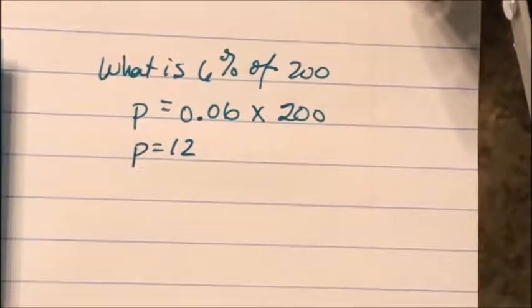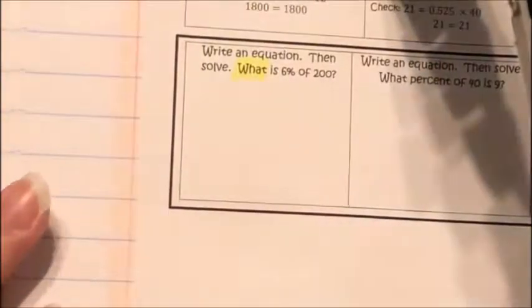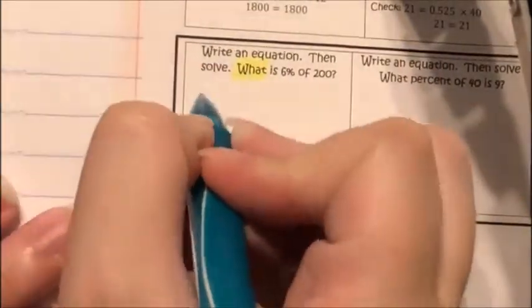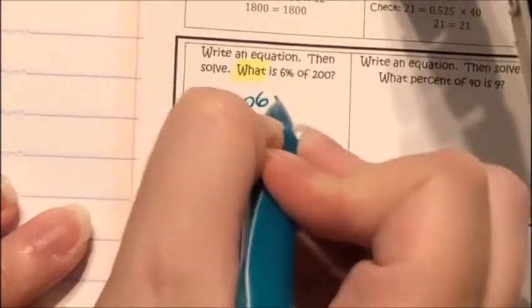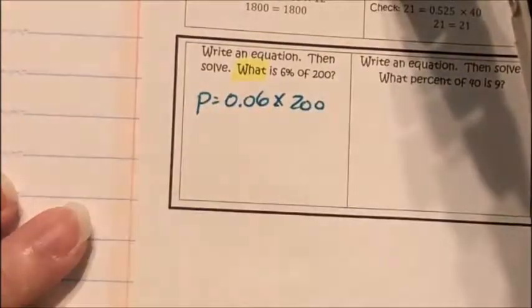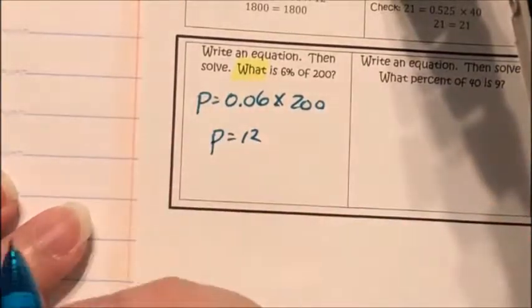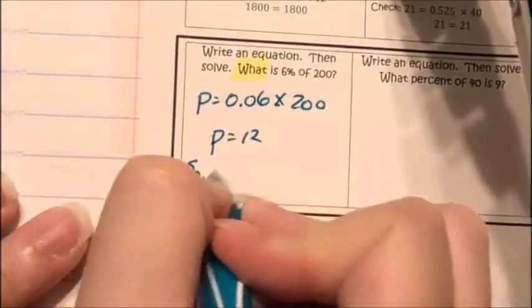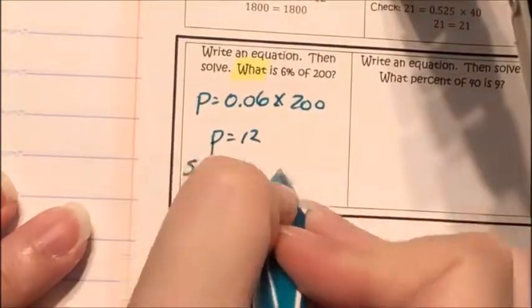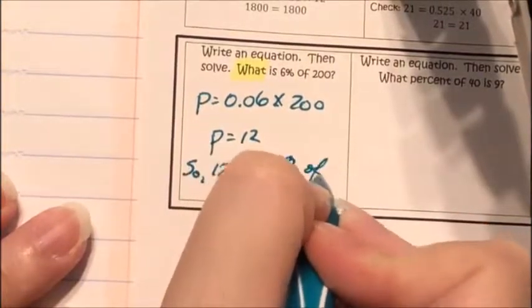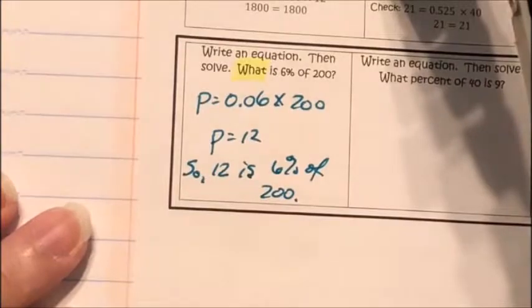So P equals 12. My equation was P equals 0.06 times 200, and P equals 12. So 12 is 6% of 200.